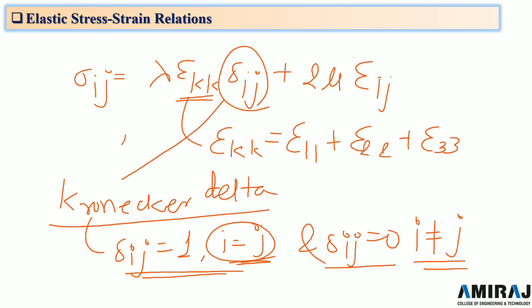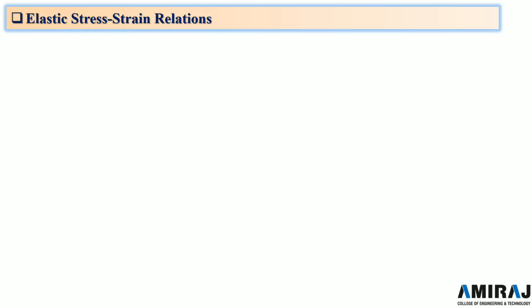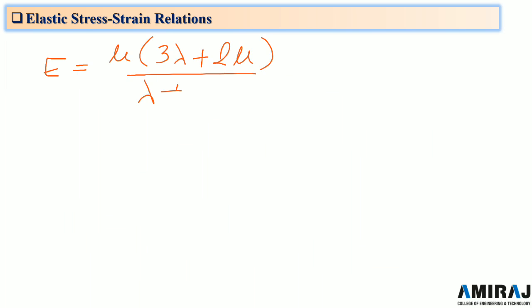the Young's modulus capital E is equal to mu times (3 lambda plus 2 mu) divided by (lambda plus mu). This is the Young's modulus. Then shear modulus G will be equal to mu.